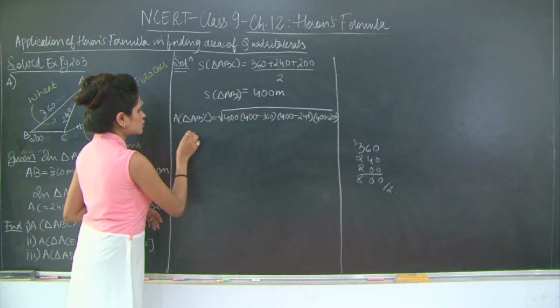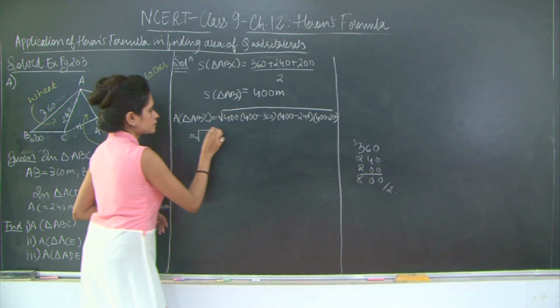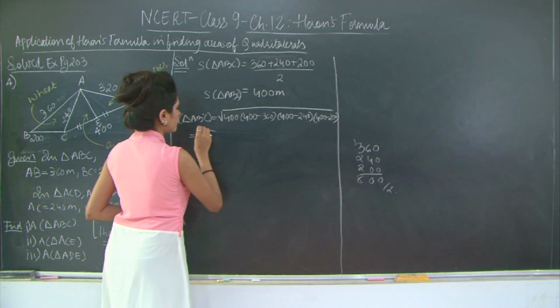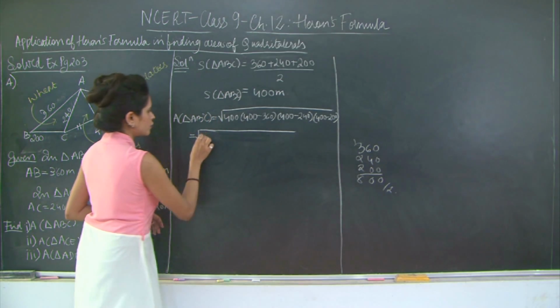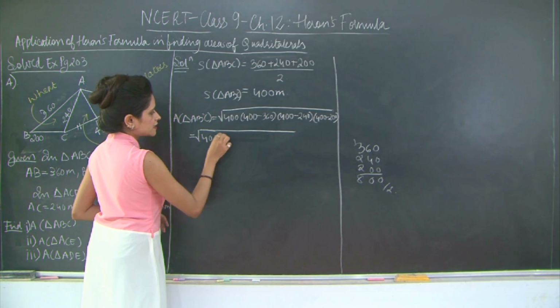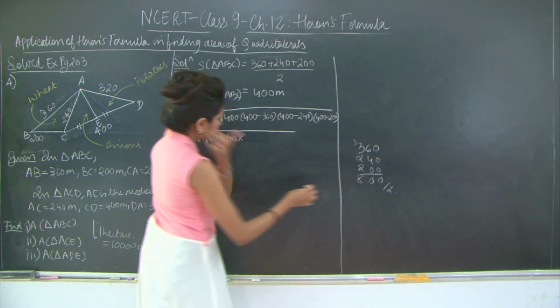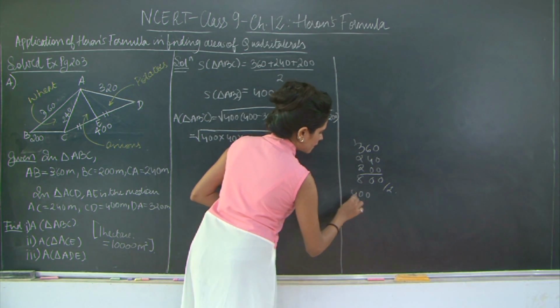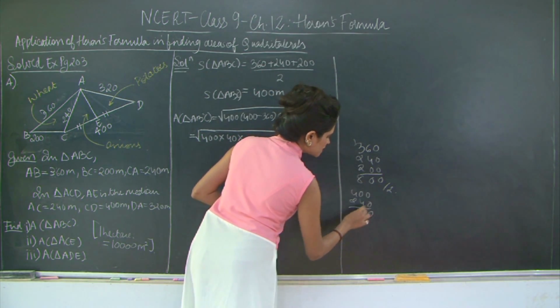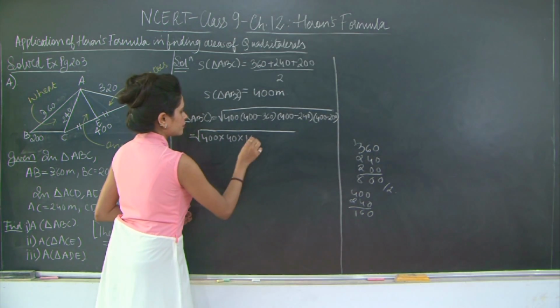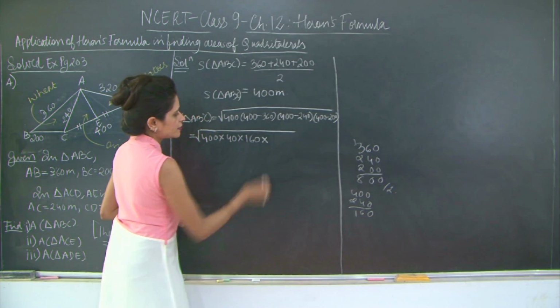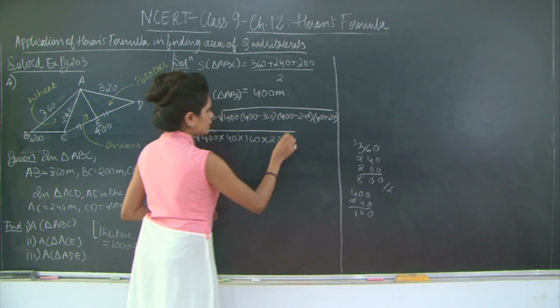Correct? So this would be what? 400. 400 minus 360 is 40. Then 400 minus 240, so you get 160. And finally 400 minus 200 would be 200.